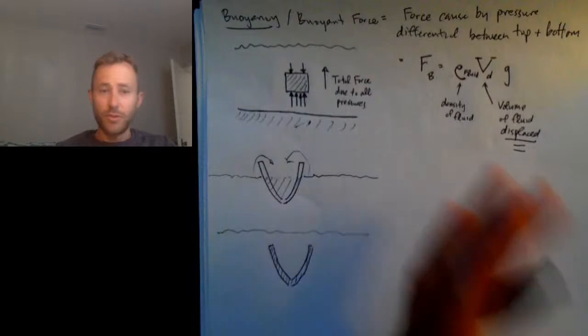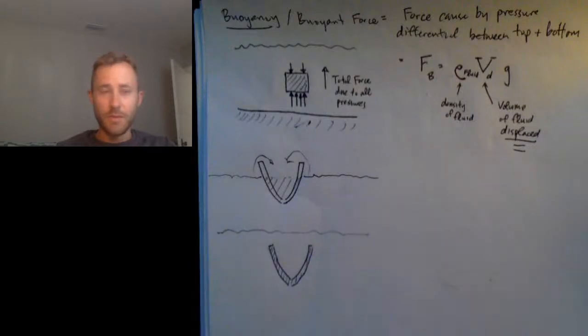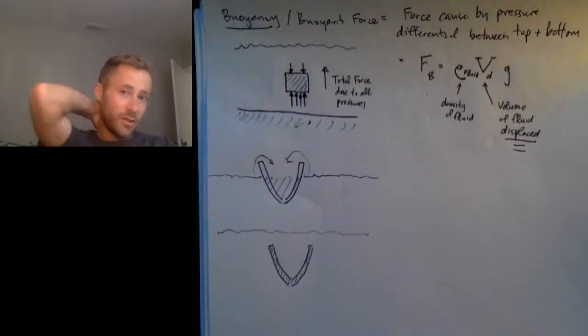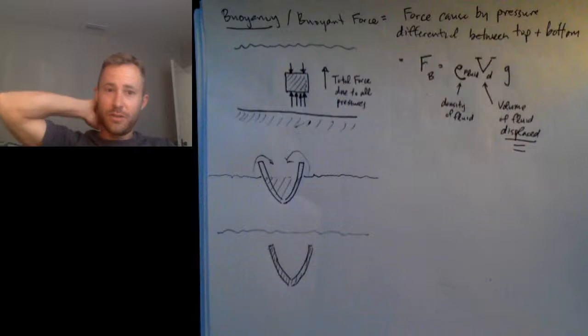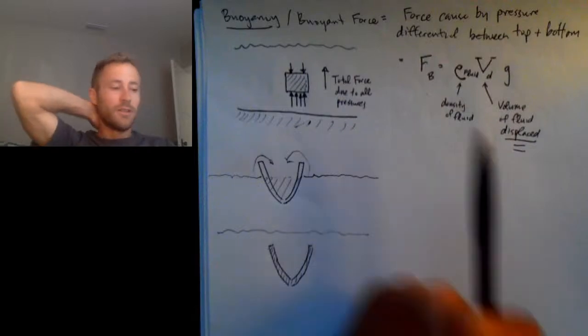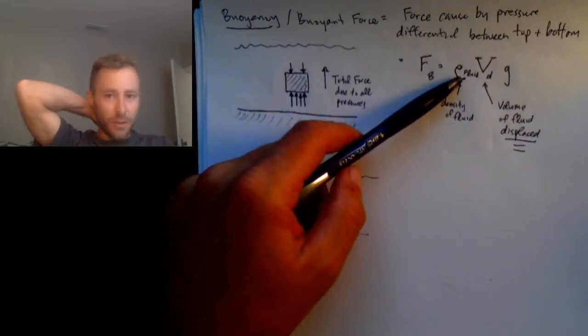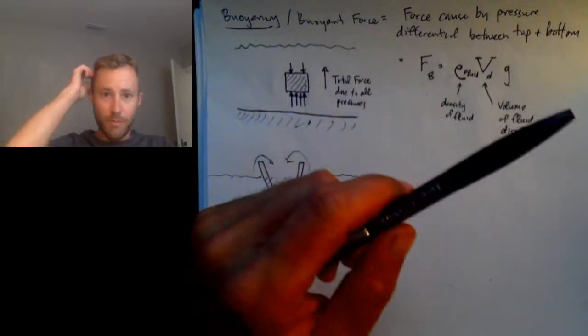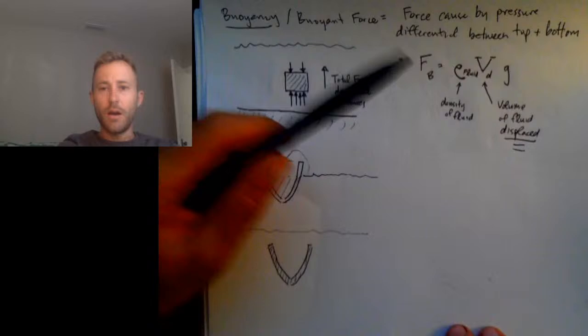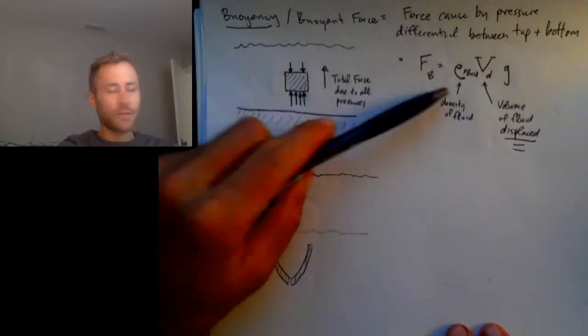It's a perceptible difference if you're swimming. I want to say it's the Dead Sea that is extremely salty, and you float very easily in the Dead Sea. The water is very dense because of that, and so there's a greater buoyant force. So that's kind of interesting.